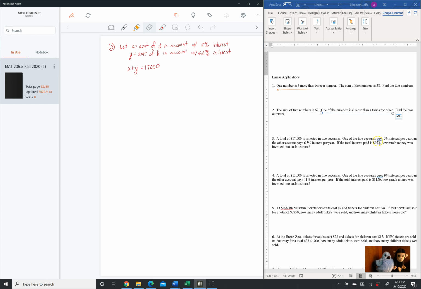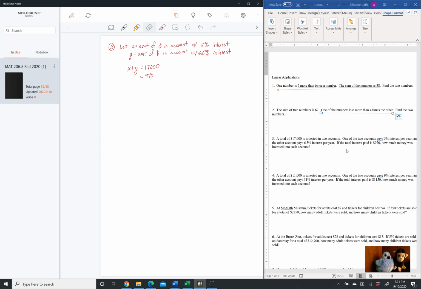Now we have one of the accounts pays 5% interest, the other pays 6.5% interest. Total interest is $970. So now we have an equation where we have interest plus interest equals total interest. Well, the total interest is $970.